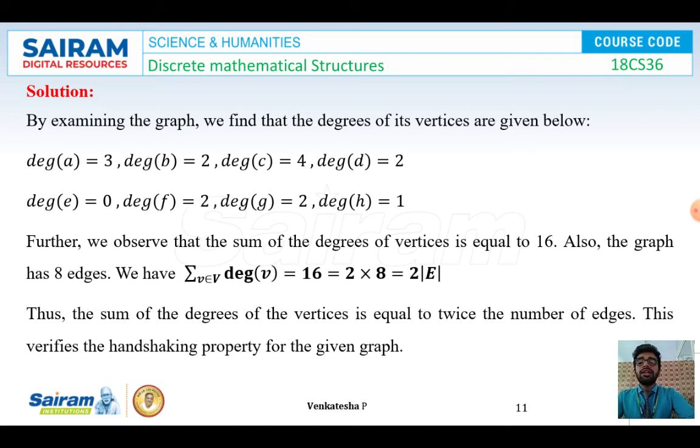Therefore the sum of the degrees of the vertices is equal to 16. I can split this 16 as 2 into 8, and this 8 is nothing but the number of edges of the given graph. So the equation, the sum of the degrees of the vertices equals twice the number of edges, is verified here. Therefore the handshaking property is applicable for the given graph.